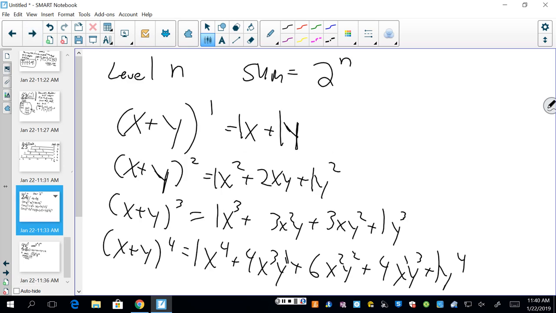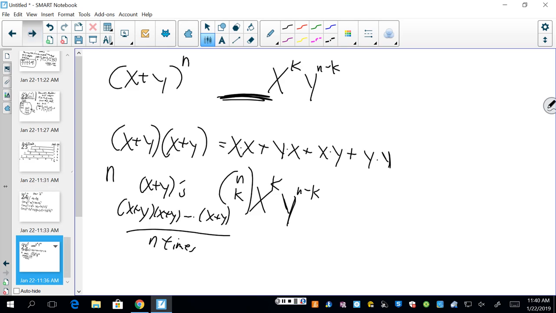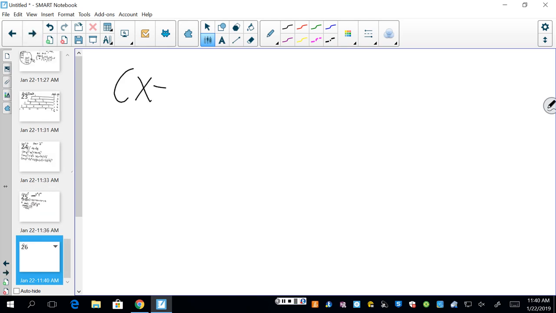But we're summing over that. So here for x cubed, there's one way to pick all x's. 3 choose 3 is 1. 3 choose 1 is 3. 3 choose 2 is 3. 3 choose 0 is 1. So what comes out of this is this identity of x plus y to the n.